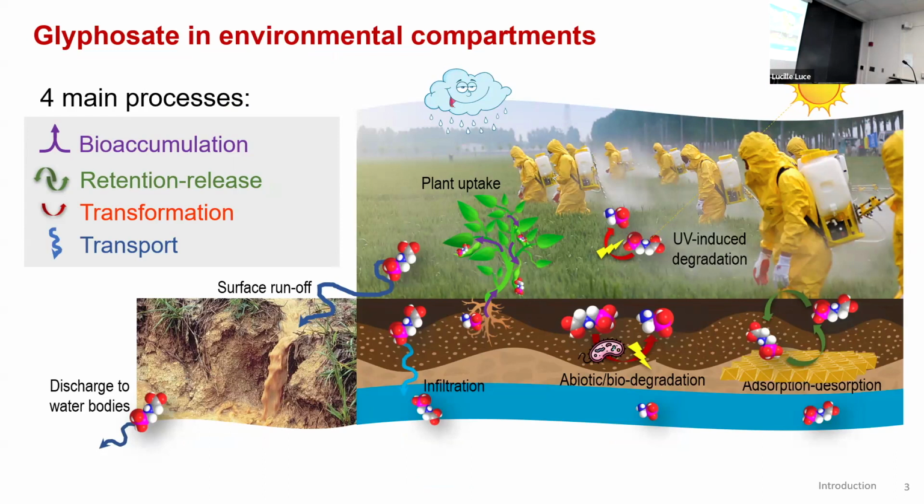I'm showing here the main processes of glyphosate in environmental compartments, how it moves around. After spray, it can accumulate in plants, or it can be degraded by UV light, or it can enter into soil and water and interact with minerals, specifically organo-mineral associations.